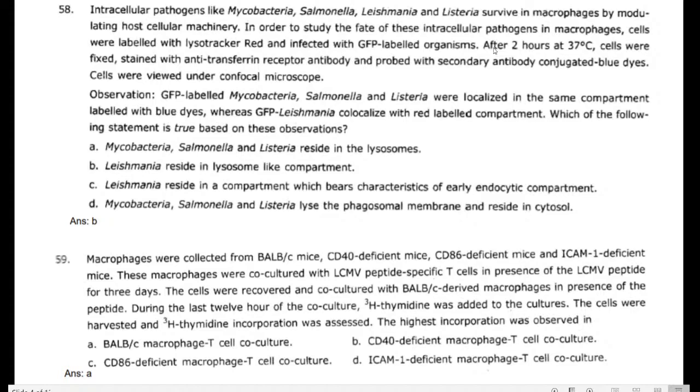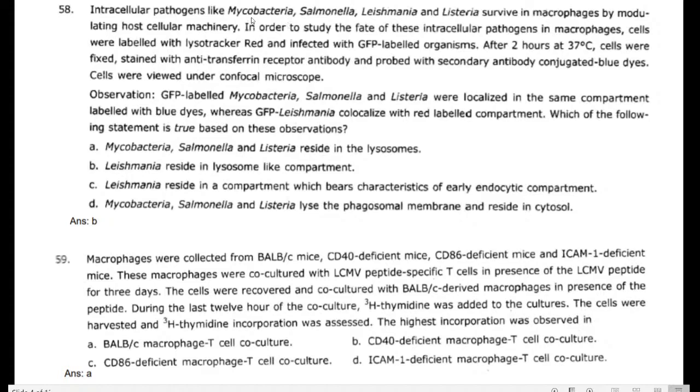First is the labeling molecule, then staining with the primary antibody, then adding the secondary antibody that is conjugated with the blue dye. Cells were viewed under confocal microscopy. This is the whole statement.